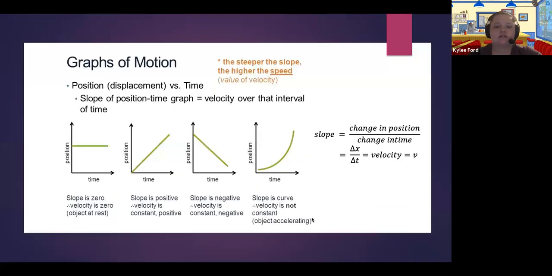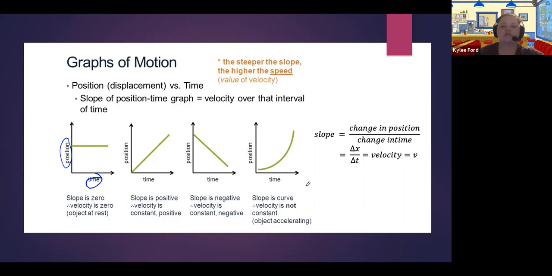All right. So quickly going over our graphs of motion. Okay. So we have these graphs, and I'm going to go through them and explain them. Okay. So these are all position versus time graphs. Okay. So on the y-axis, you see the position. On the x-axis, we see time.